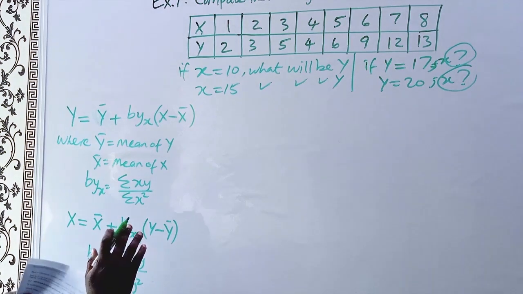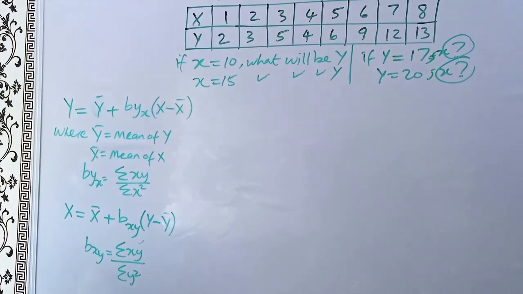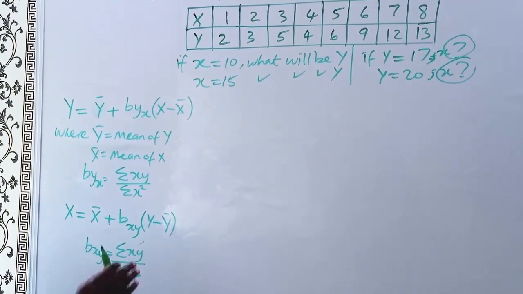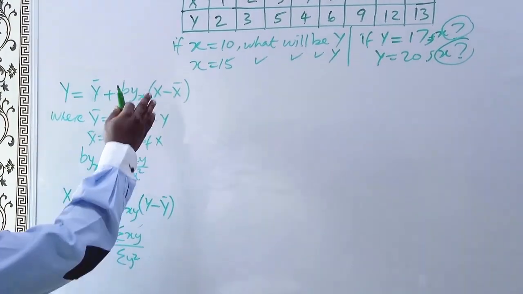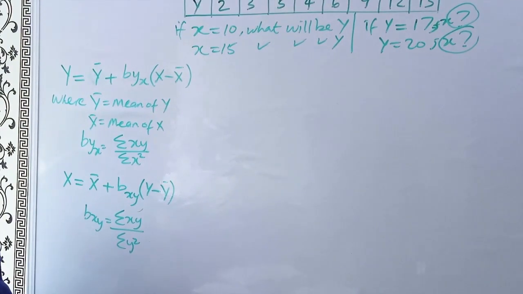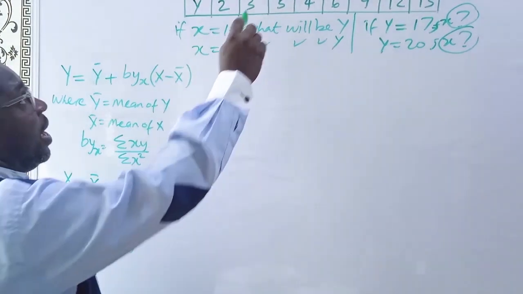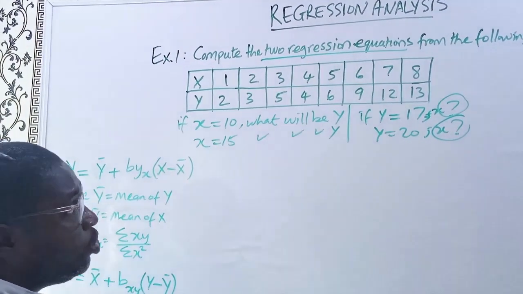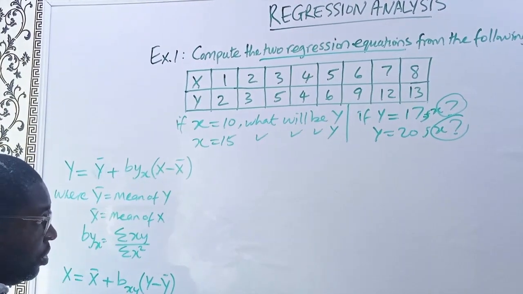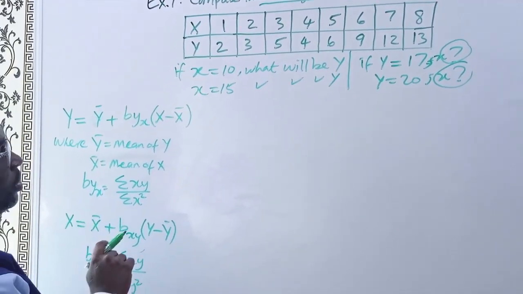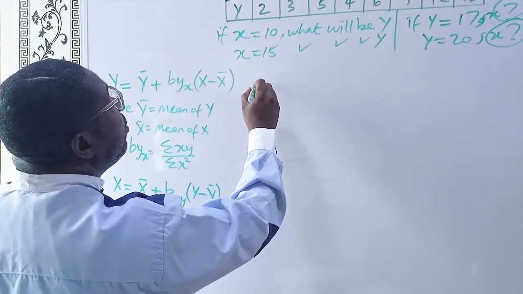Now, let's represent this in a table. We are going to prepare a table to determine these values, and then we solve to find the regression equation. Remember, the question asks us to compute the two regression equations. So first of all we find the mean of x.